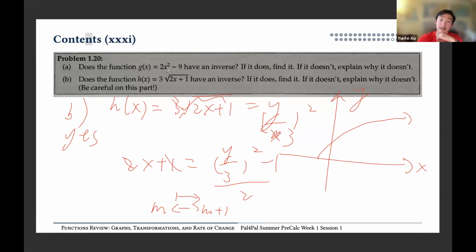Now, how come this doesn't have one? This is because when you're solving it, there's a square root. And it is not a 1-to-1 correspondence in the sense that you can have either plus the square root or minus the square root. So in this way, you should be able to solve this.